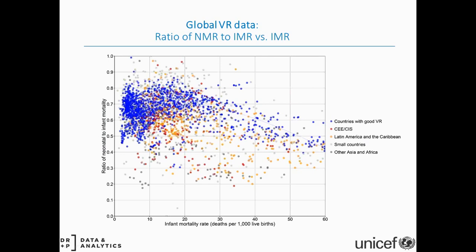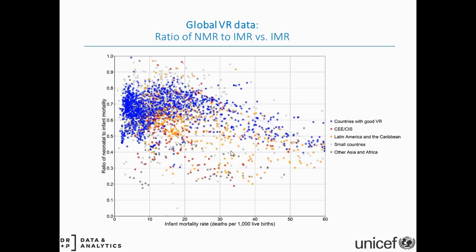So here you do see around the infant mortality level of 20 or 15 deaths per 1,000 live births, in some countries, the proportion of neonatal mortality rate to infant mortality rate starts to decline. And this is not only in one country, it's observed in many European countries.